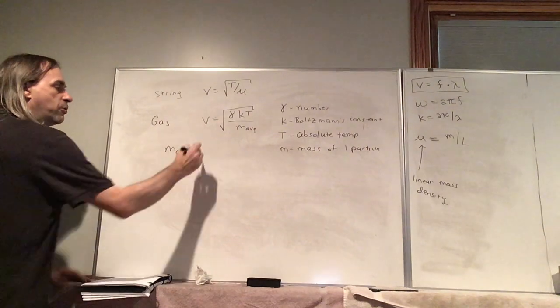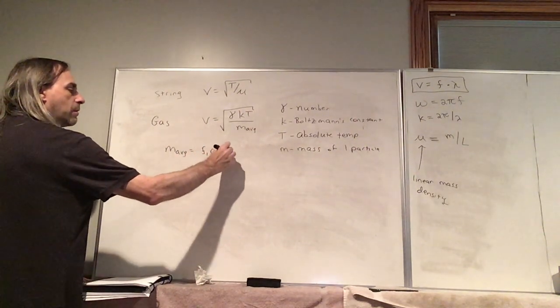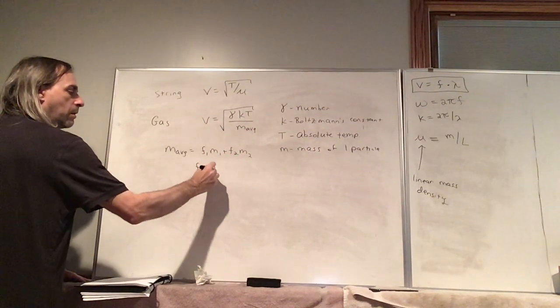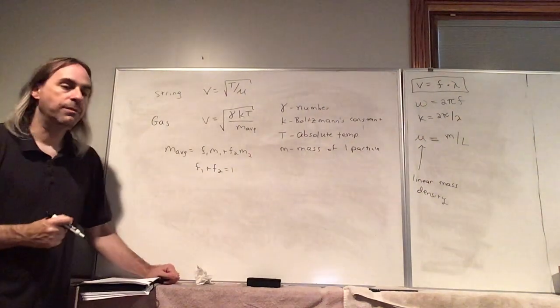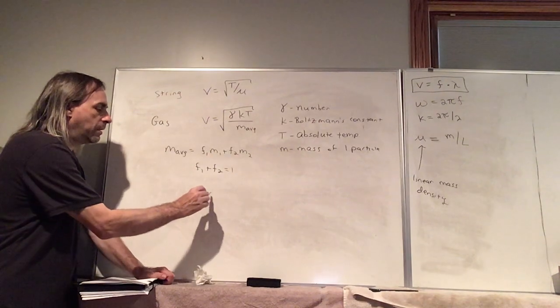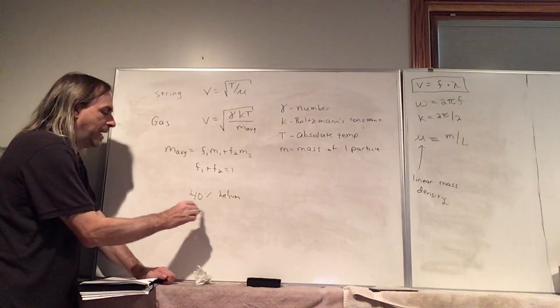So let's just say we have two gases, where F1 and F2 are the fractions. Let's say you had a gas that was 40% helium and 60% oxygen.